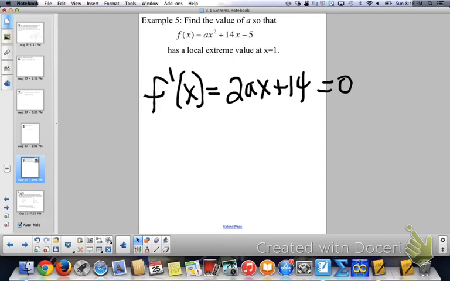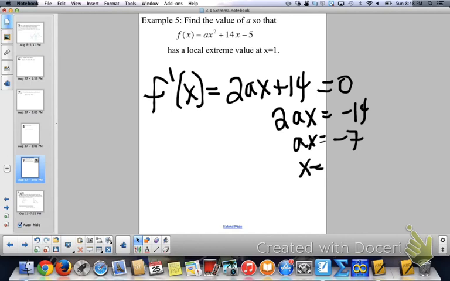So let's see, 2ax equals negative 14, divide by 2, and divide by a. So it occurs at negative 7 over a. So when x equals 1, so you know the extreme value occurs at x equals 1, so 1 equals negative 7 over a, so you get a equals negative 7.